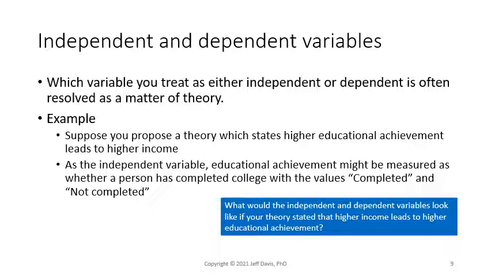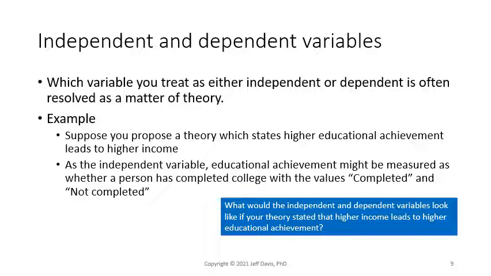But there might be some condition under which we need to reverse the roles of income and education. So instead of educational attainment being the independent variable, it becomes the dependent variable, and higher income, instead of being the dependent variable, becomes the independent variable.